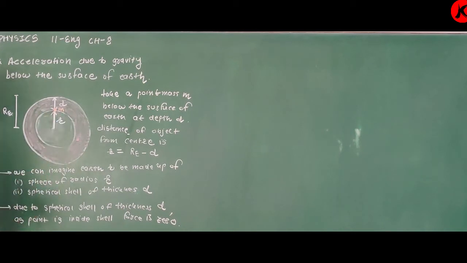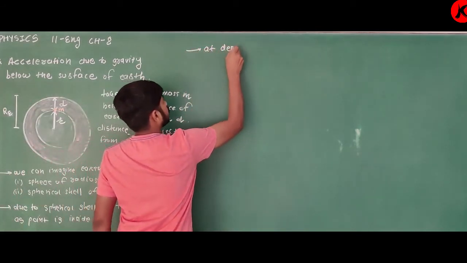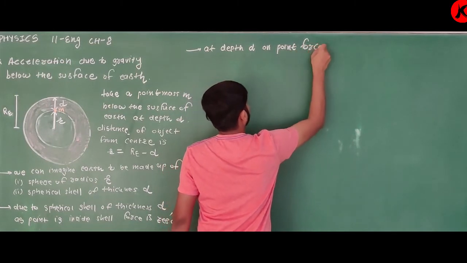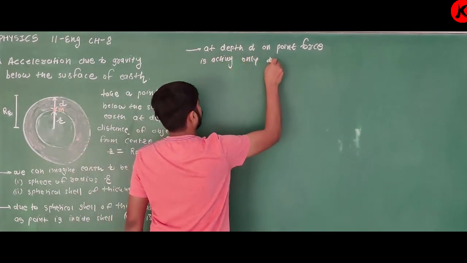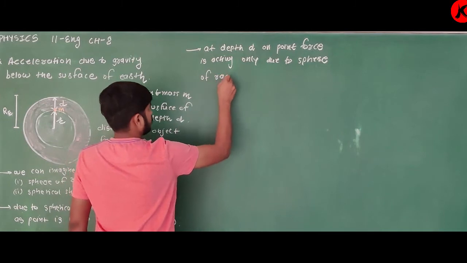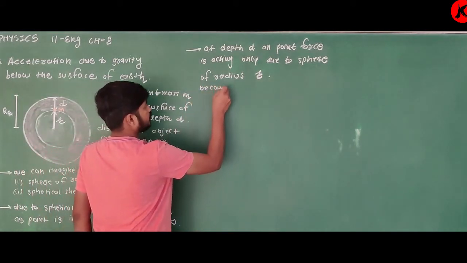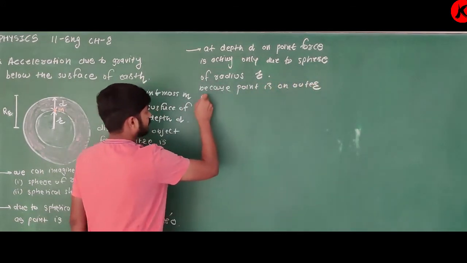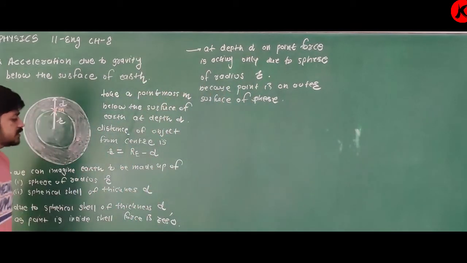So on this point, at depth d, force is acting only due to the sphere of radius r, because the point is on the outer surface of the sphere.